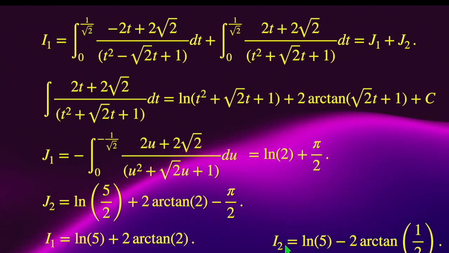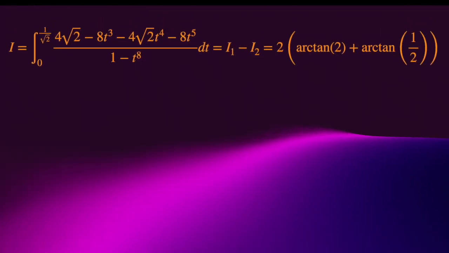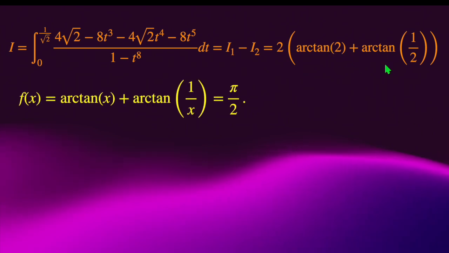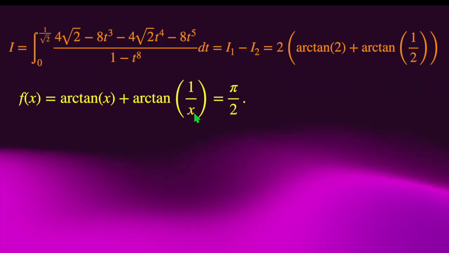And now we have computed I2, and our integral is I1 minus I2, and we get this beautiful formula for I. Now we need to show that this quantity is equal to pi over 2. We will show that this function is equal to pi over 2 for x different from 0.